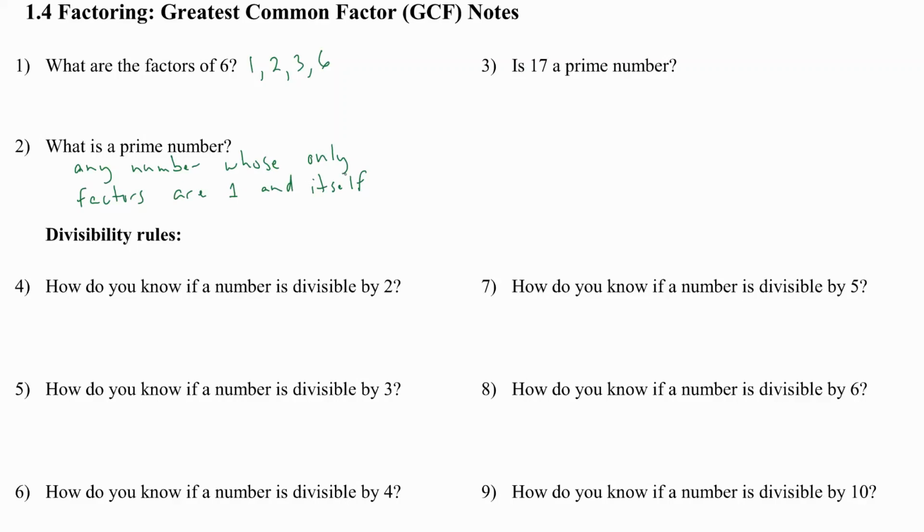Okay, so number 3, is 17 a prime number? The answer is yes, because no other number can divide into that evenly. We can think of it that way, but its only factors are 1 and 17.